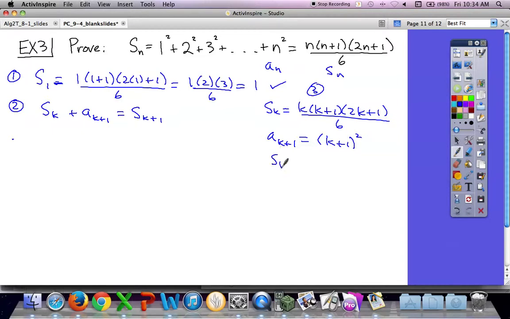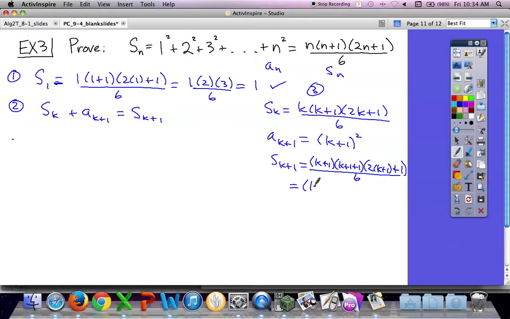And then the last one we need is sk plus 1. How will I find that? That'll be k plus 1 times k plus 1 plus 1 times 2k plus 1 plus 1, divided by 6. And that can be simplified.